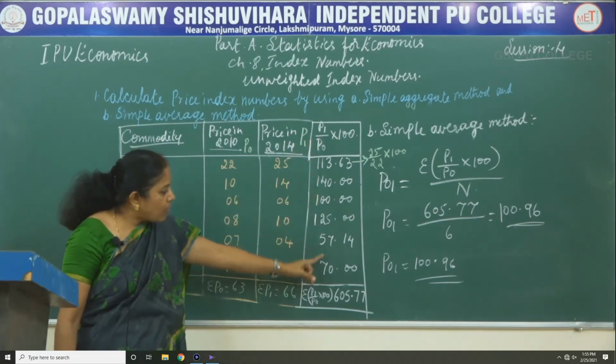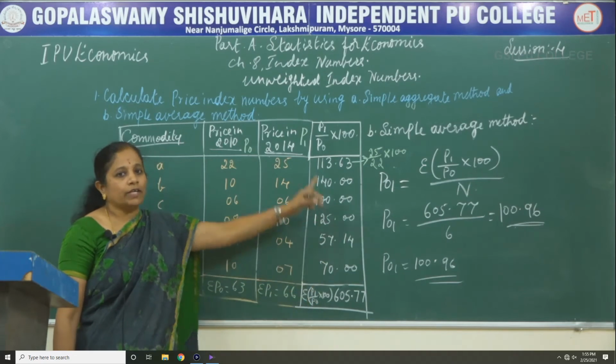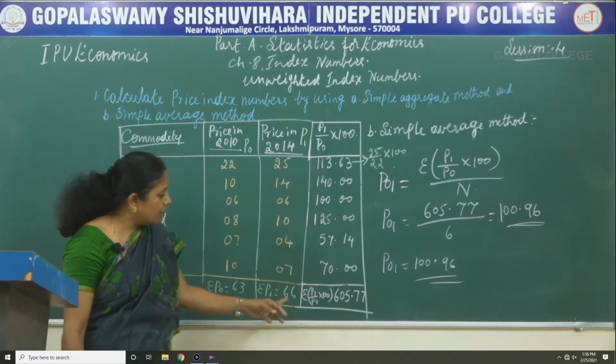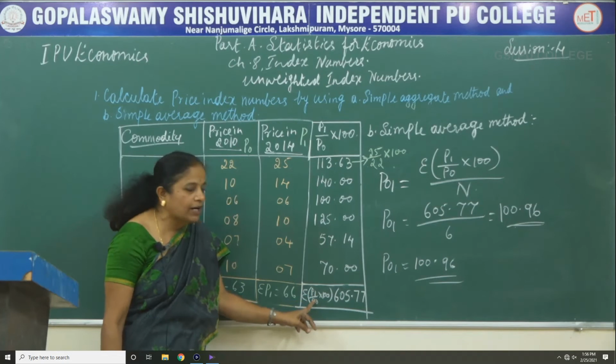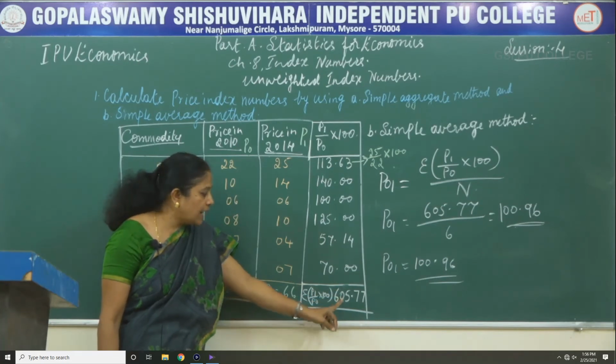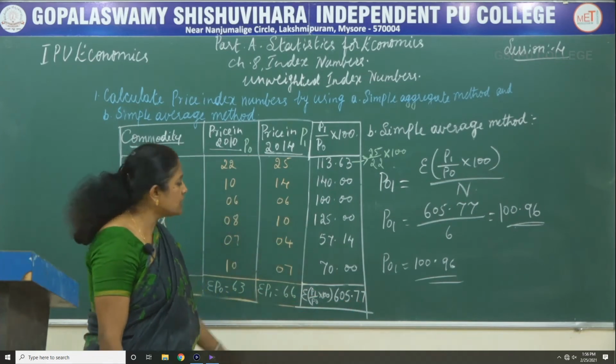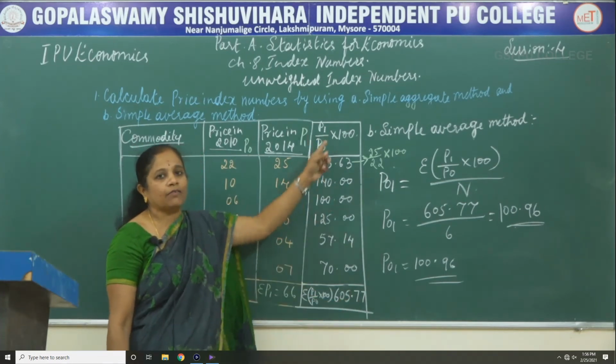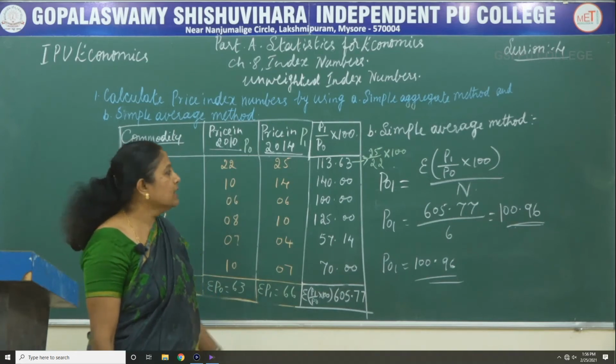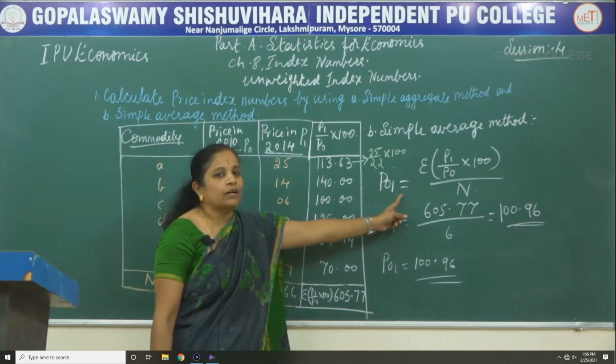So when we add all these values, we obtain the sigma P1 divided by P0 into 100, and we got 605.77. So this is the sigma value of P1 divided by P0 into 100. So here we will go with the formula.